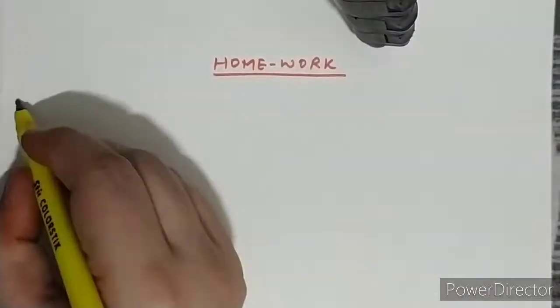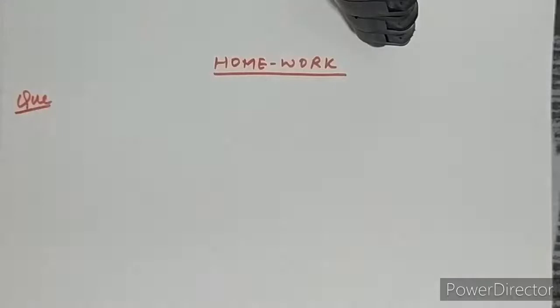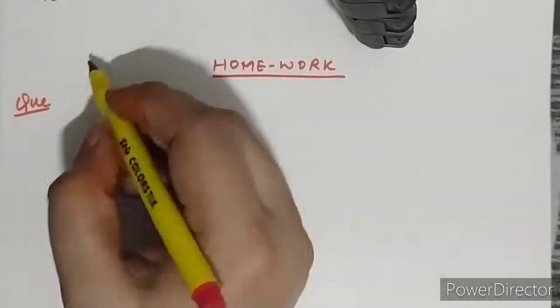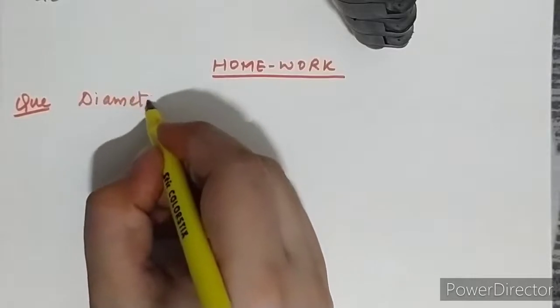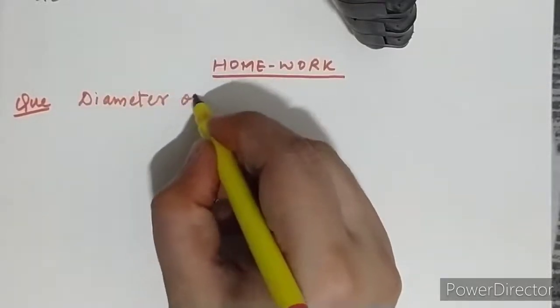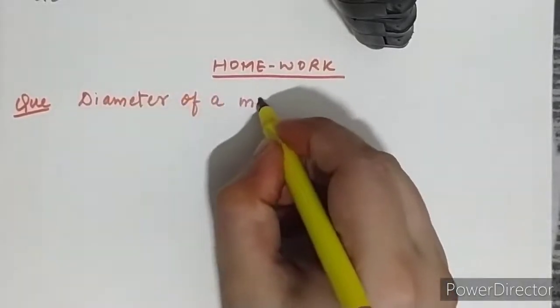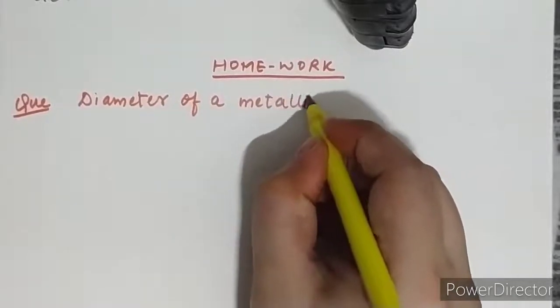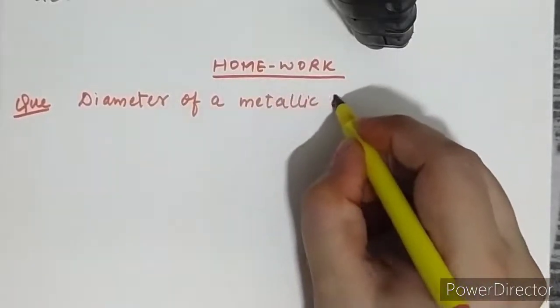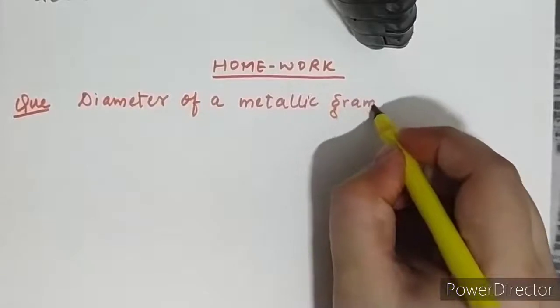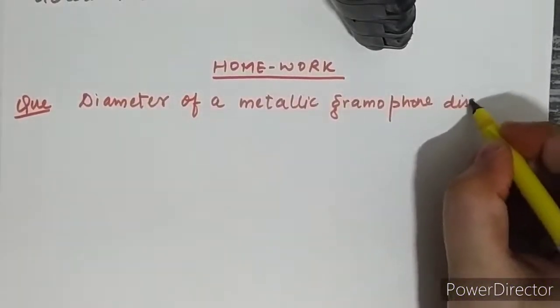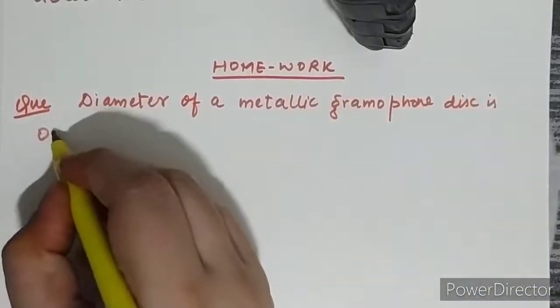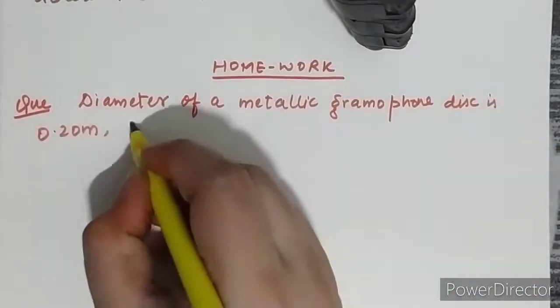Today's homework numerical is: the diameter of a metallic gramophone disc is 0.20 meter.